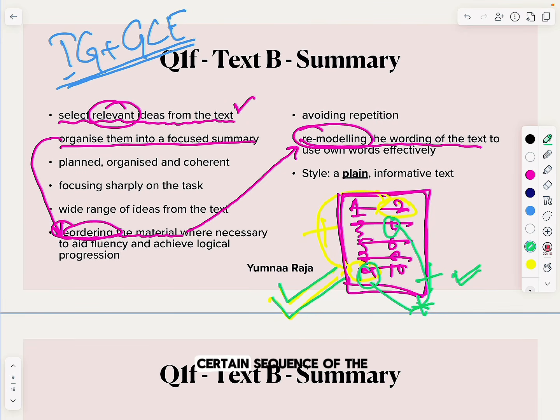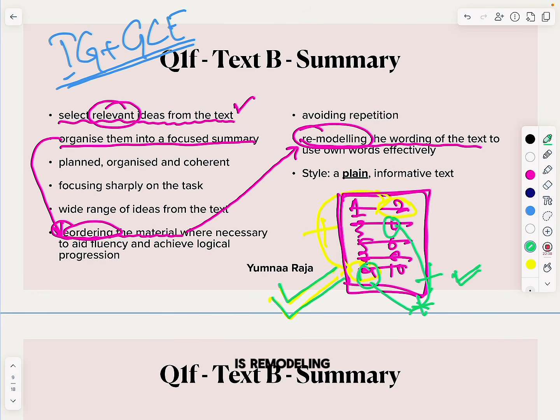That there is a certain sequence of the points in the text, and you as a candidate are encouraged to change that structuring of the points, because you will have to end up with something that is a coherent piece of writing. Coherent means easily understandable, fluent, to the point, relevant. And in order to do that, you may have to play with the points a bit. And in fact, that playing with the points is actually encouraged.